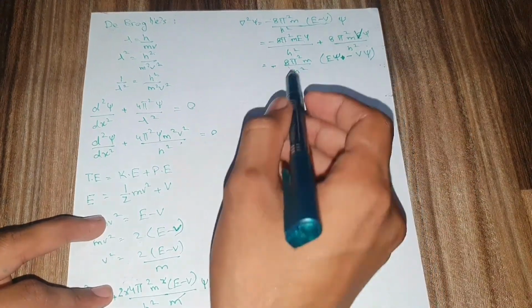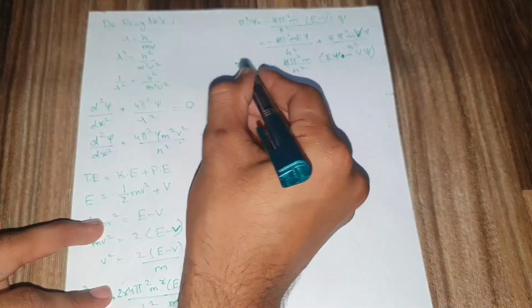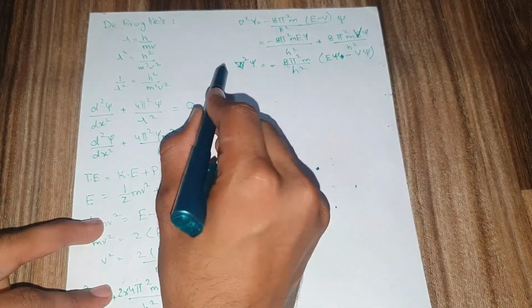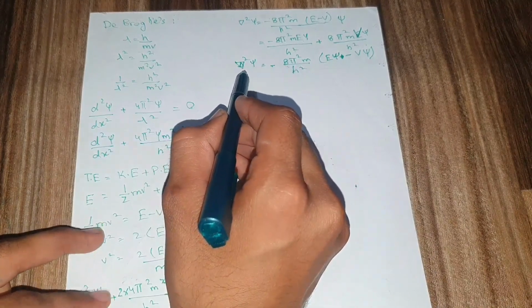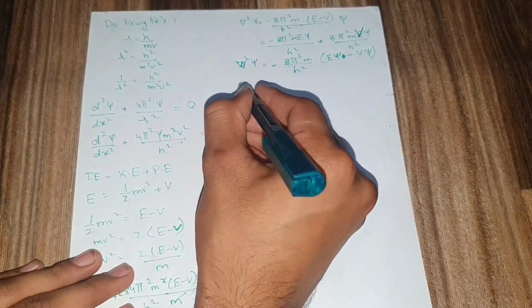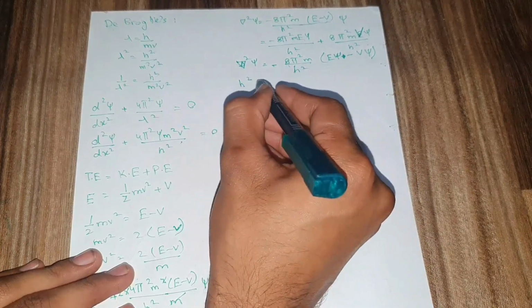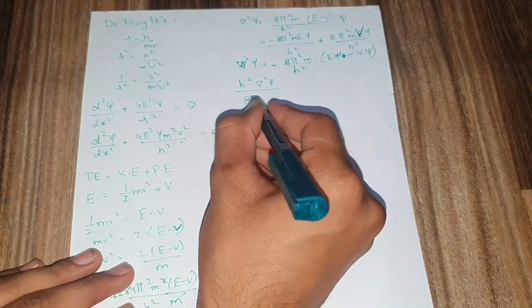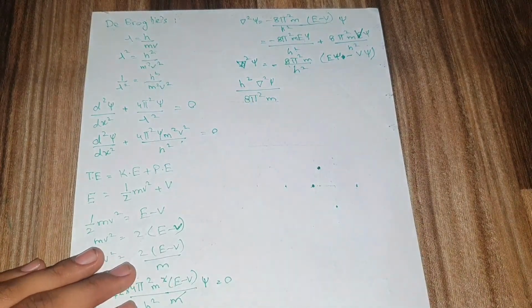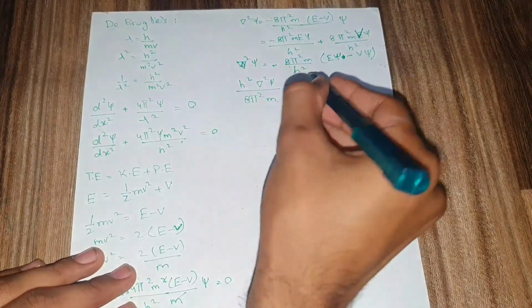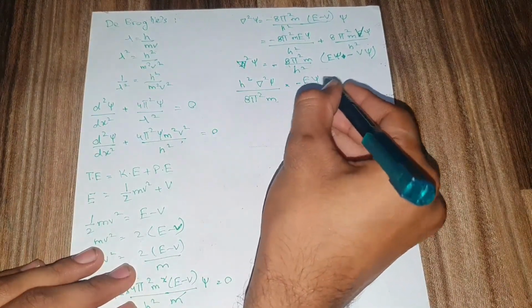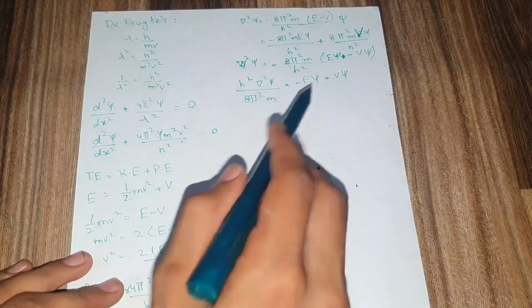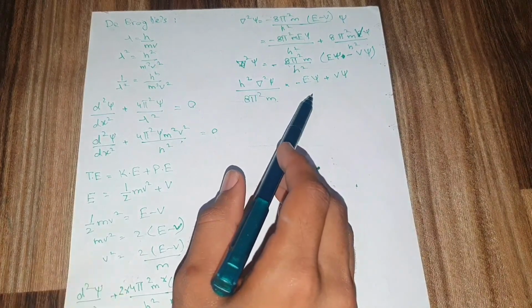Since h squared is in the denominator, it will multiply here and come in the denominator. This will be equal to minus E psi plus V psi.